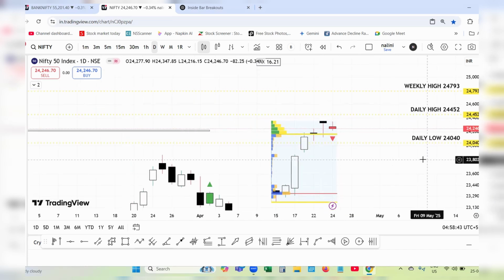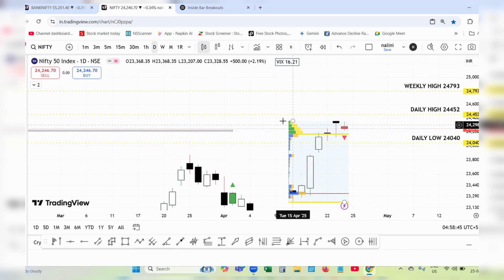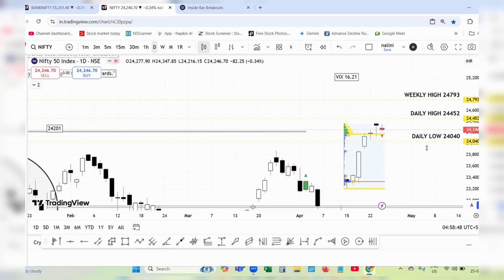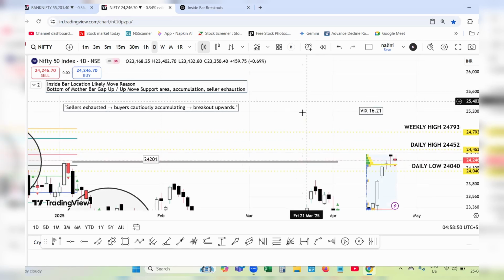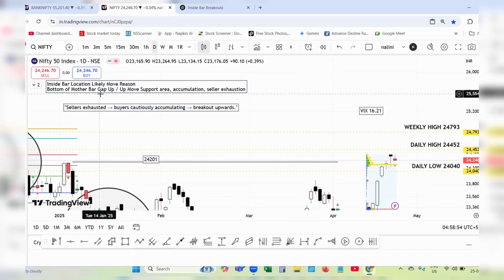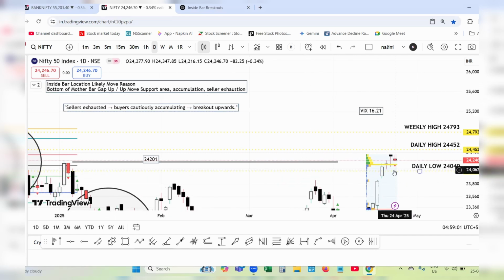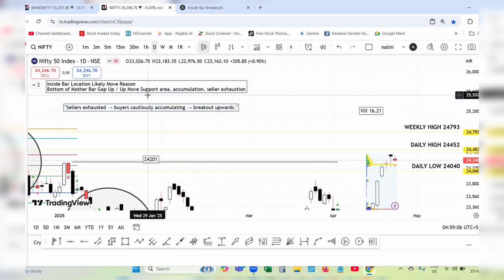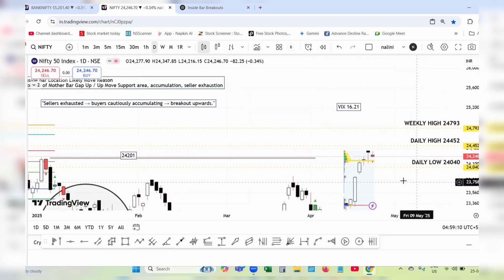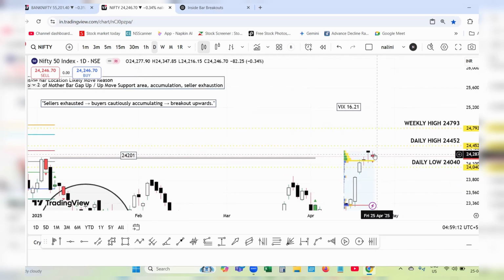The reason for this is that at the support area, sellers have been exhausted and the smart money quietly accumulated the position, so there will be a gap up because of this seller exhaustion. Sellers have exhausted, buyers cautiously accumulated. That's why you can see a breakout to the upside in the market.